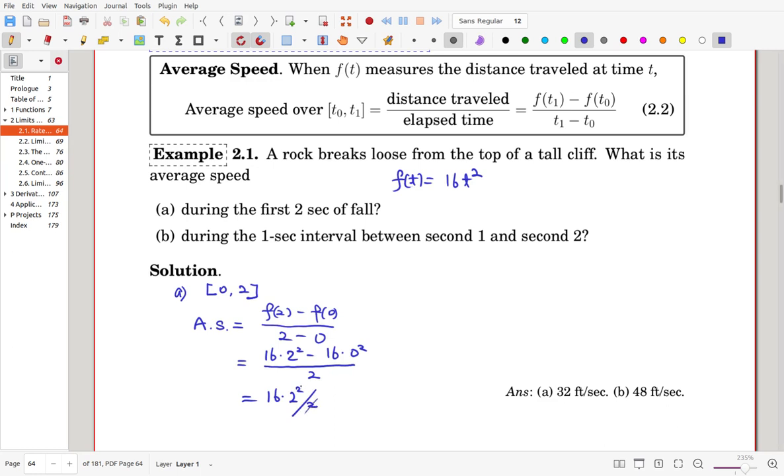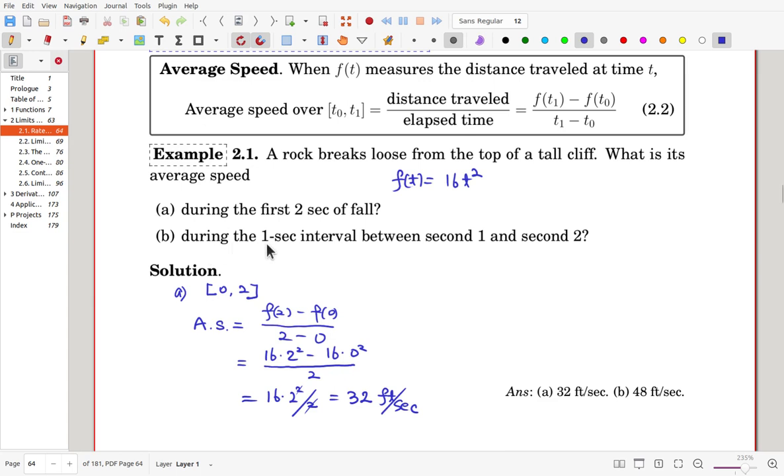So the 2 will be cancelled, and that is 32. Of course, this is in feet per second. Now let's go to part B.